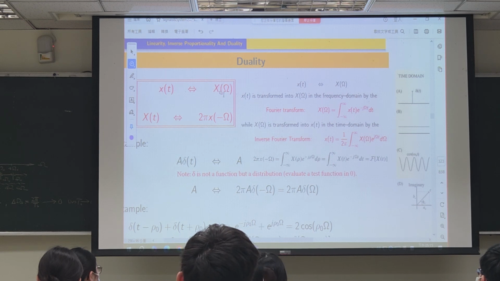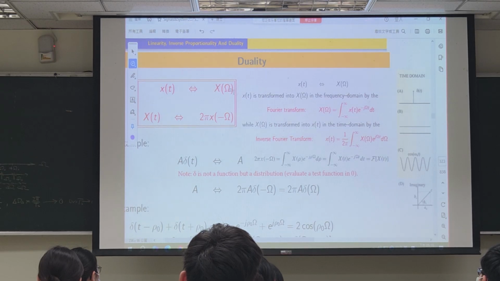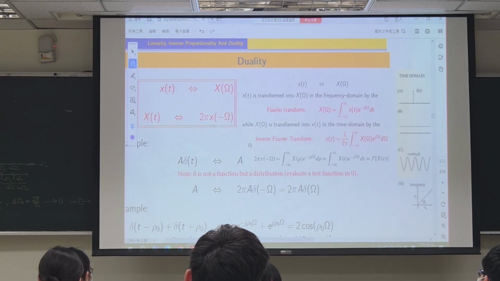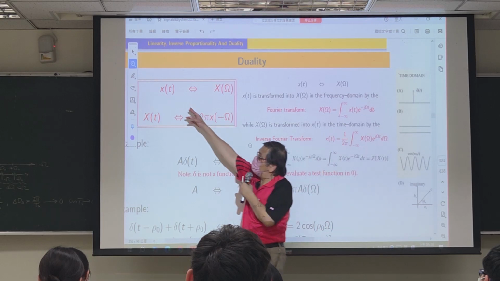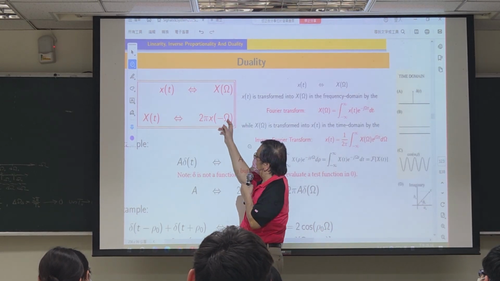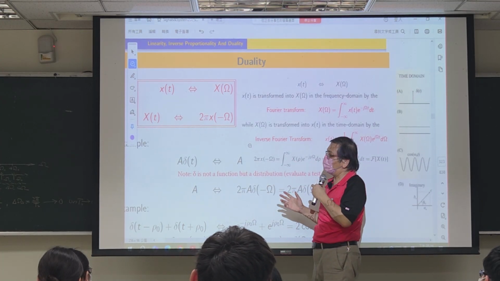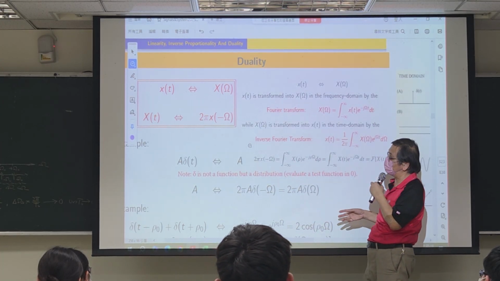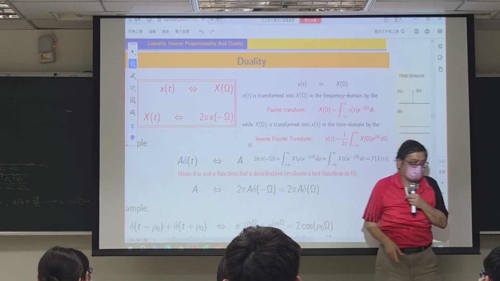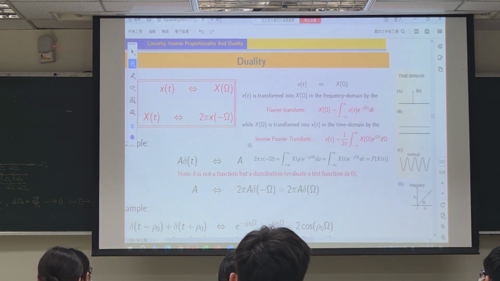Now, if I replace the time function x of t by its frequency component, capital X of t, then the Fourier transform of this function is simply the time function with t replaced by negative omega, multiplied by 2 pi. Very surprising. So what does that tell us?